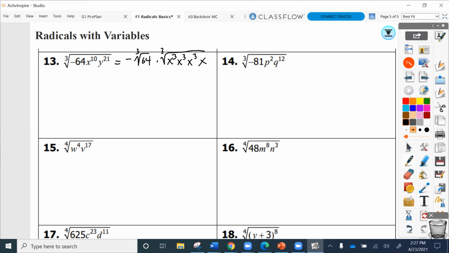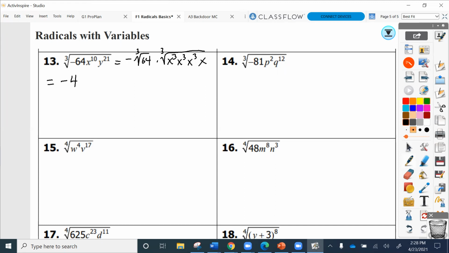With the y's, we could do a whole bunch of y's, but I'm going to show you a shortcut to that. So first of all, we know we have negative. So the cube root of negative 64 would be negative 4.